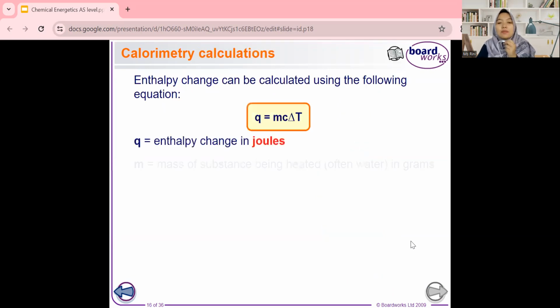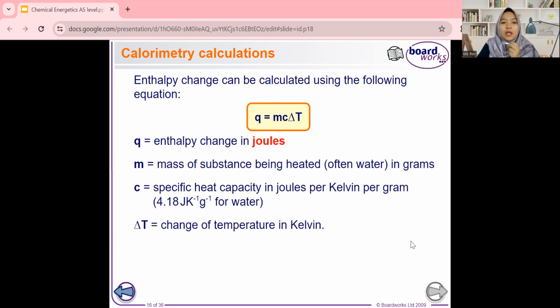Okay, so calorimetry calculation. Enthalpy change can be calculated using the following equation. Q equals M times C times delta T. Q is the enthalpy change in joules. M is the mass of the substance being heated, often water, in grams.